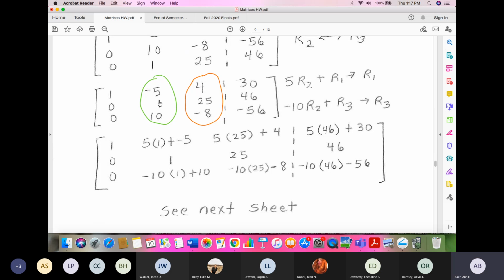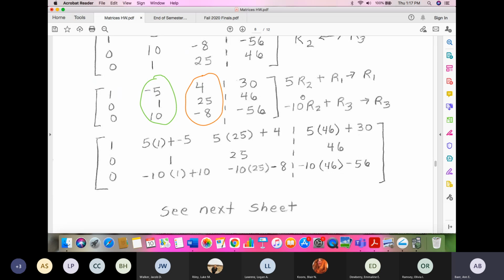So now we've got our 1 in the correct place. We're going to use it to get zeros. How do we get a 0? We change the sign. So the first thing we're going to do is change the sign on this 5, get positive 5. Multiply it times the row with the 1. The row with the 1, this is row 1, row 2.